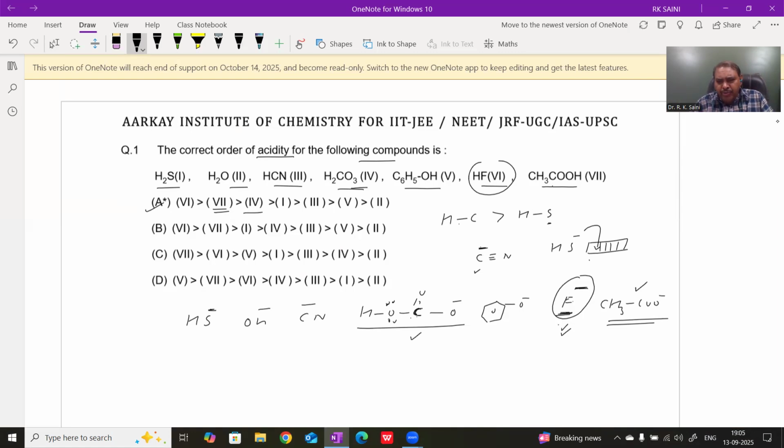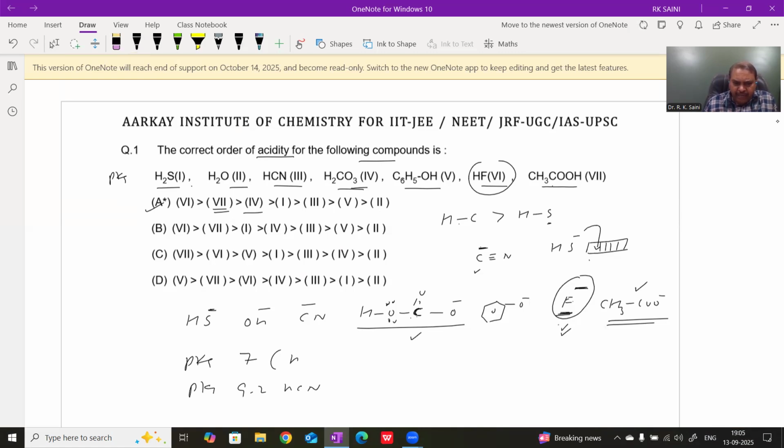Their orbitals are more diffuse, and hence effective overlapping does not take place, and hence H2S is a stronger acid than HCN. The pKa of H2S is nearly 7, and the pKa of HCN is 9.2.